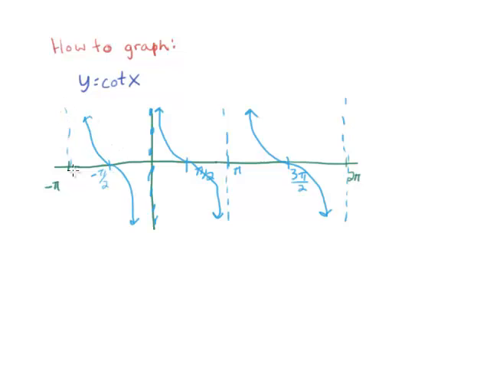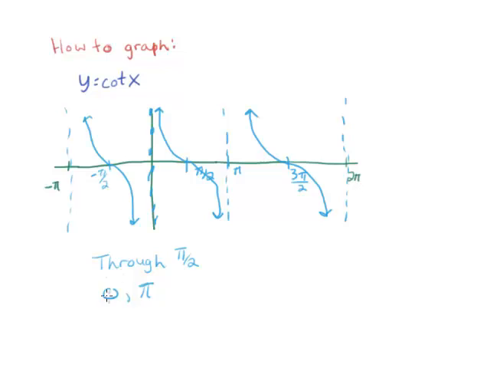Okay, but what's important here is that it goes through pi over 2 normally. But really what's more important is that we know where the asymptotes are normally. They're normally at 0 and pi, and then we can adjust from there. If we horizontally shrink or stretch, we move those asymptotes.